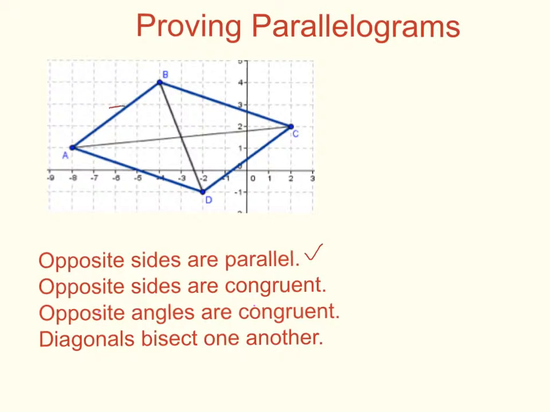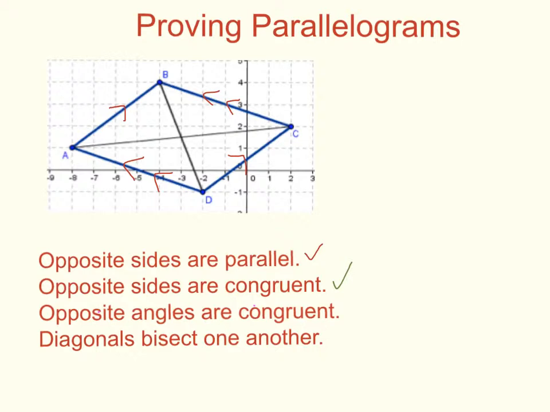I know that AB and DC are parallel to one another, and I know that AD and BC are parallel to one another. Or at least if it's a parallelogram, they are. Another property is that opposite sides are congruent.